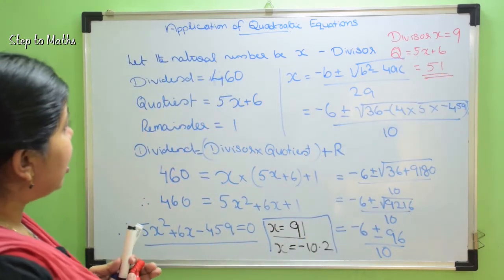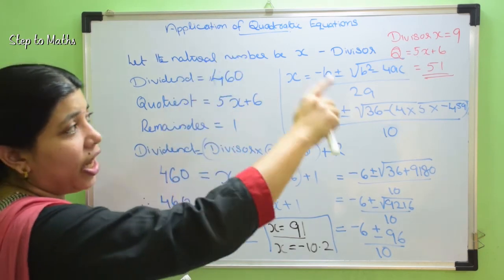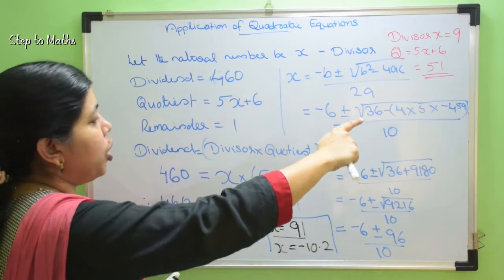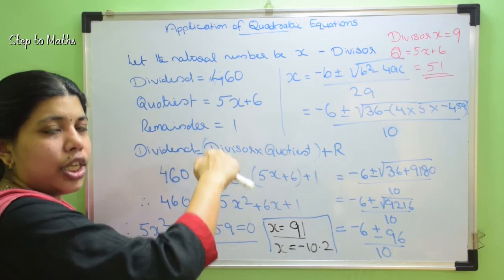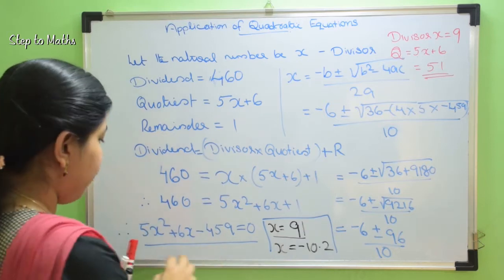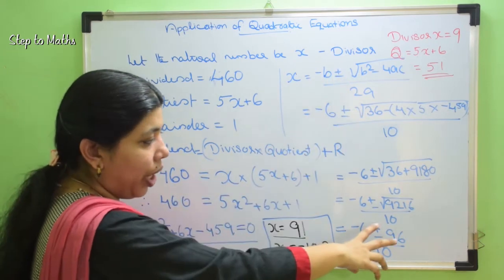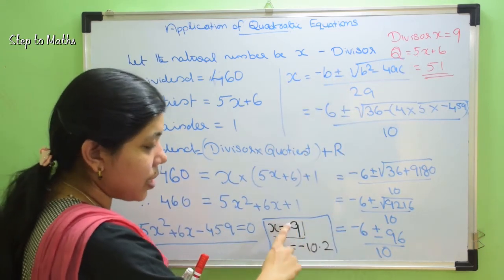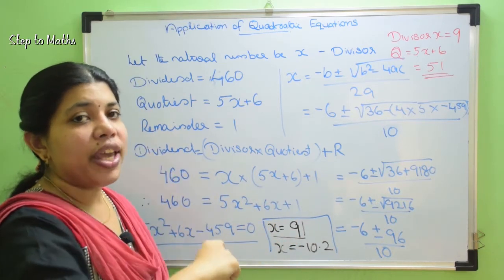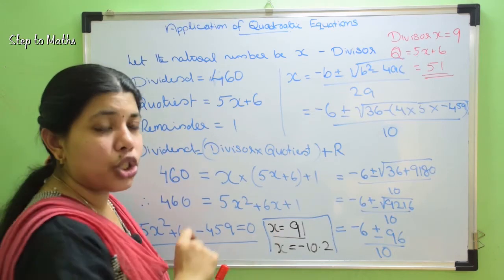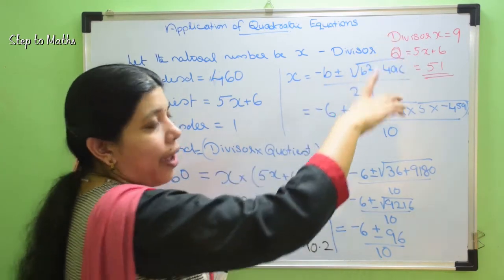That means the dividend 460, if 460 is divided by 9, we get the quotient 51 and remainder 1. In this problem, according to the conditions, we form a quadratic equation, and here we use the formula to find the values of x, and it is given that x is a natural number. So we take the positive value of x, then we get the divisor and quotient.